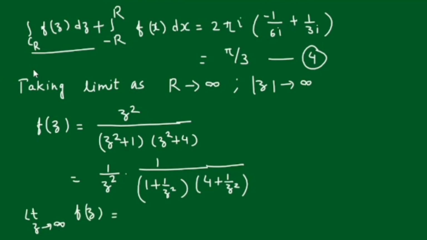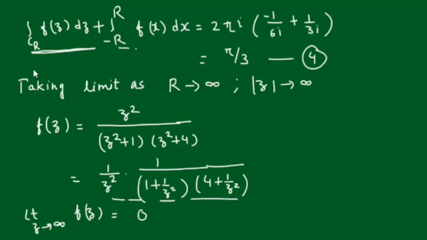So when we apply z tends to infinite, this term will become 0. That means this whole first term will vanish here after applying this limit r tends to infinite, right?